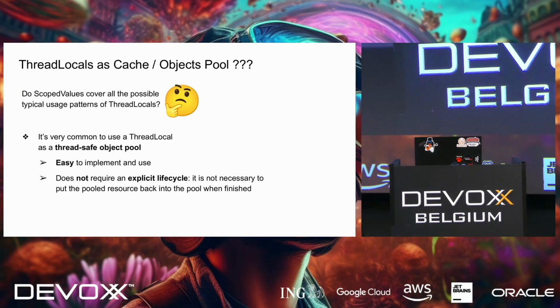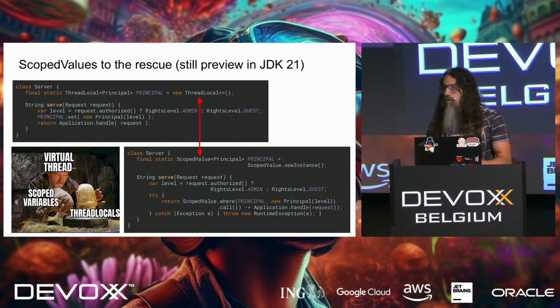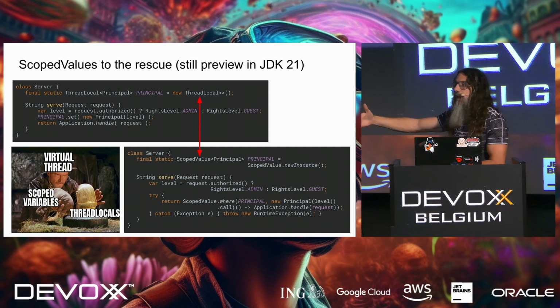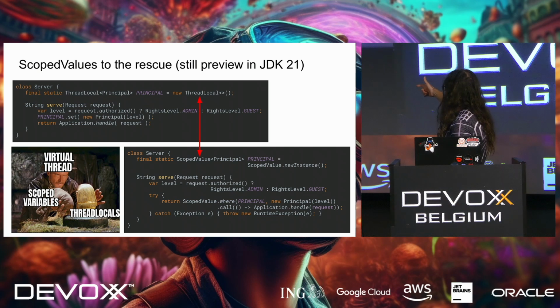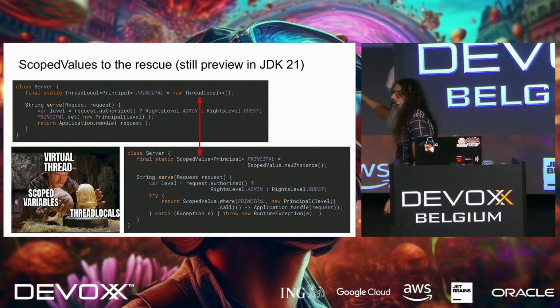Sorry? What is scoped values doing differently? Well, the difference is that the scoped value lives only for the lifespan of the thread, so it doesn't remain in the thread local forever, and the other nice thing, which is questionable, is that this thing is immutable.